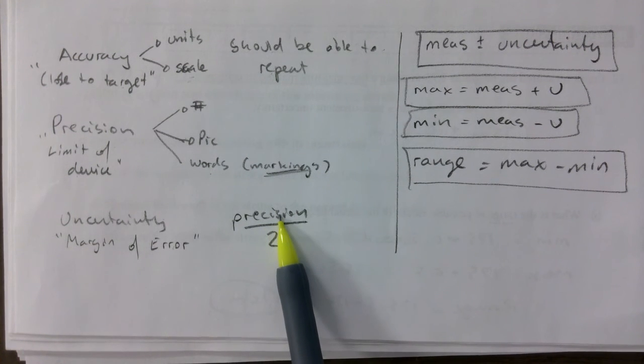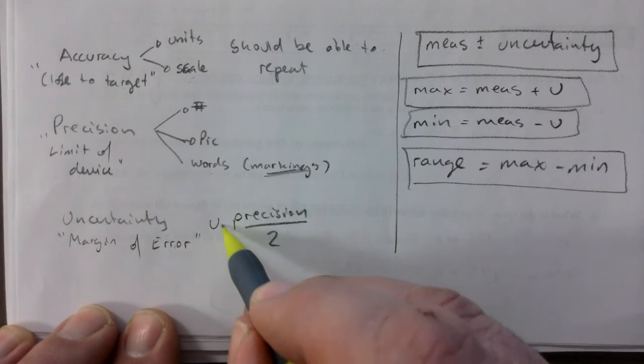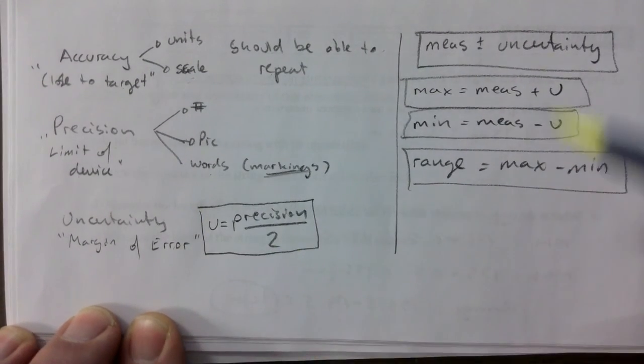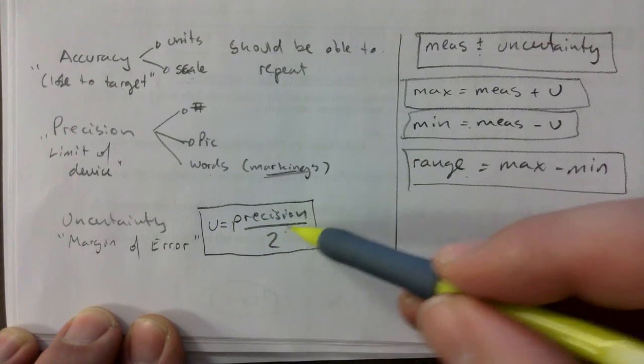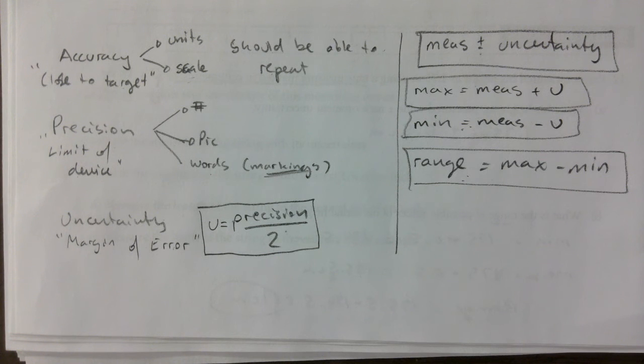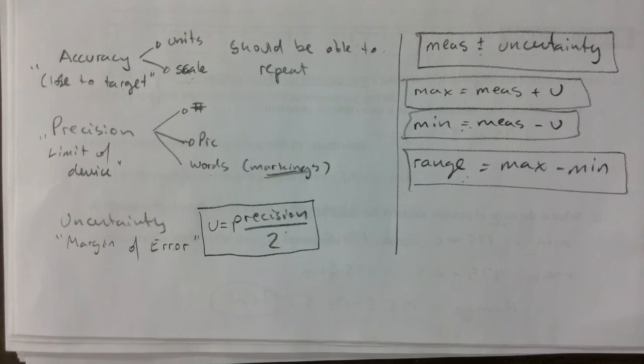It's found by taking your precision and dividing it by 2. So I would say U is equal to precision divided by 2. All the boxed in ones here are formulas that you should probably have on your study sheet. This is at the bottom of that page 86 that I've just given you. Try to make that find its way to a study sheet.